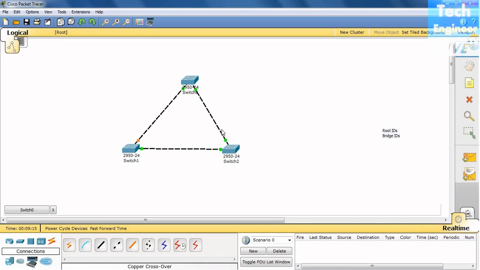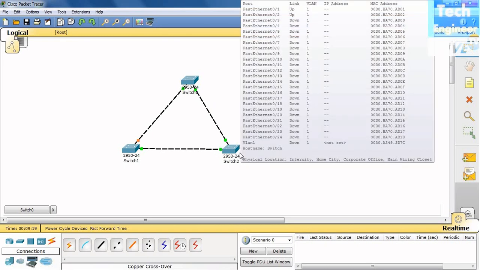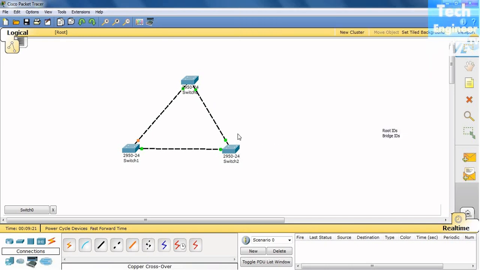For example, if this switch is the root, then both of these links will be known as root links. These root links do the job of forwarding, meaning they forward the packets.